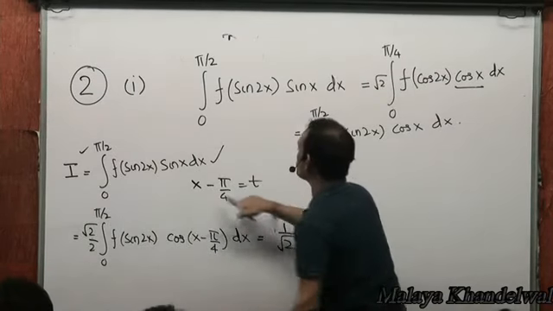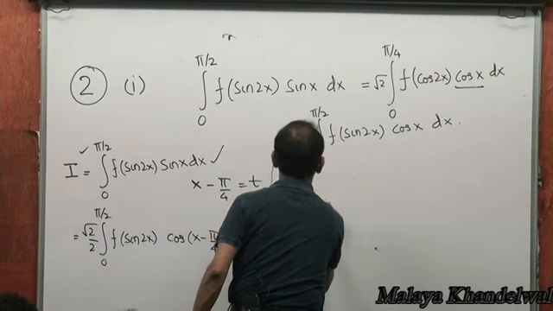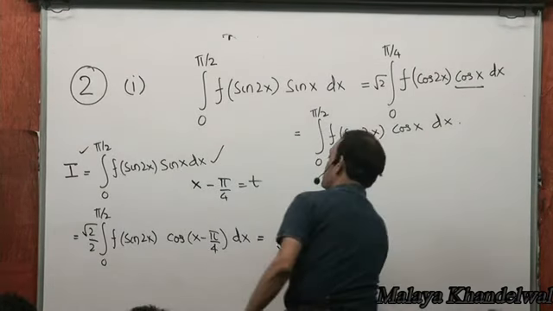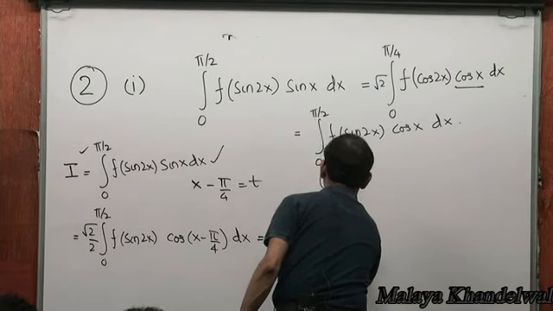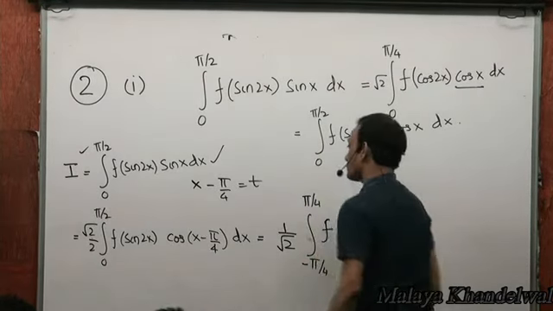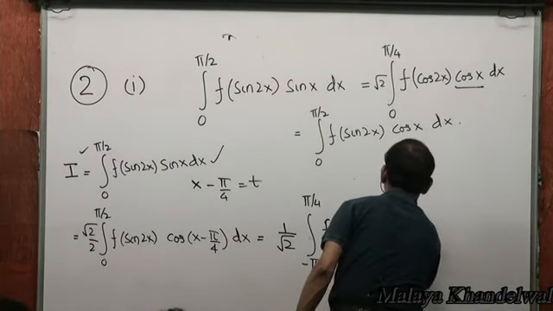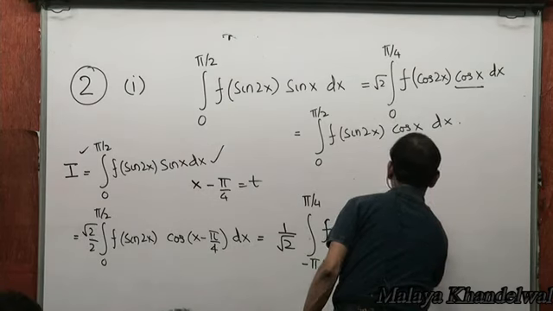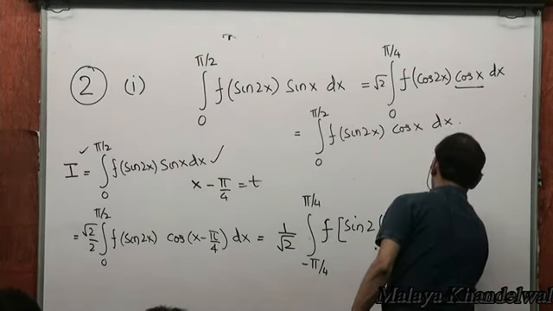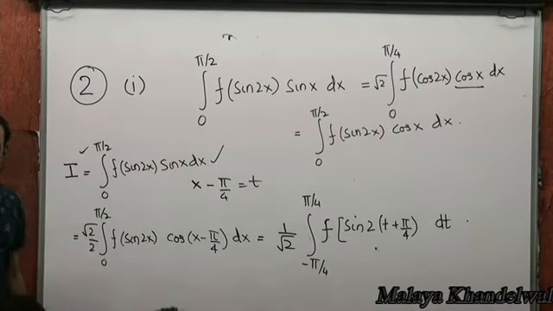When x is pi by 2, t is plus pi by 4, right? Into f of sine 2x, where x is t plus pi by 4. dx is the same as dt. Yes or no? All's good?